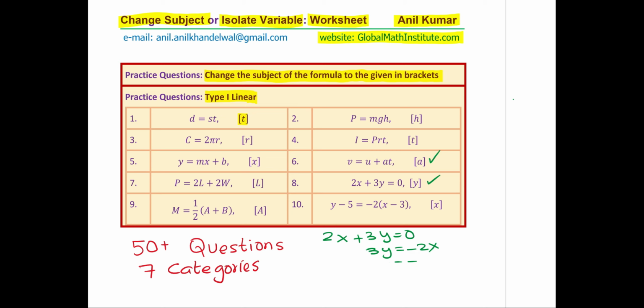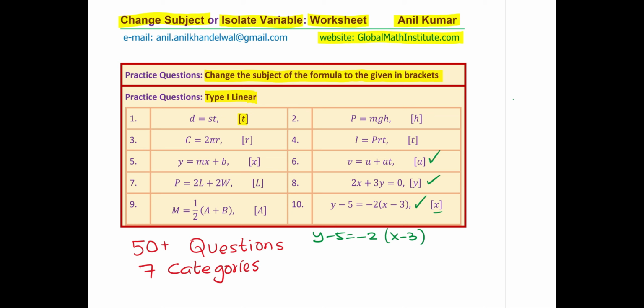Let's take some more examples from here. Which one? Well, let's take the last one. It is 5x y minus 5 equals minus 2 x minus 3. Okay, let me rewrite this. You need to change the subject to x. That is to say, other terms should come on this side.